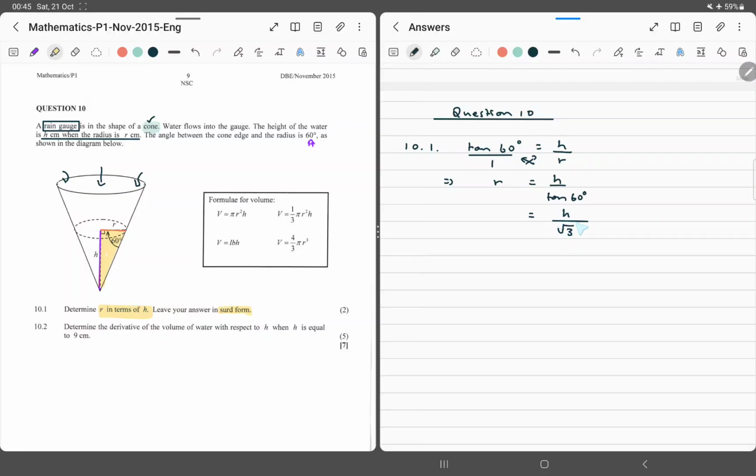Now, in grade 12, we don't have to rationalize the denominator. But if you are doing grade 11, you would probably not be forgiven for leaving a surd in the denominator. You would have to rationalize. So at some point, some of you would prefer to leave this answer as root 3 h over 3.